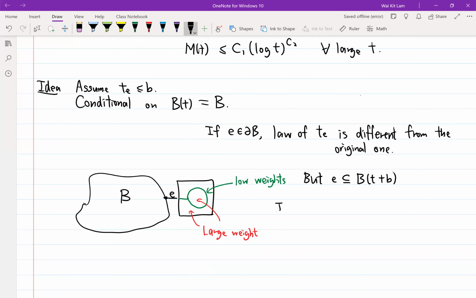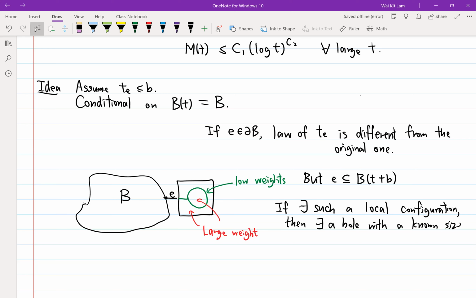So basically, if there exists just a local configuration, then you know that there exists a hole with a known size at a known time.